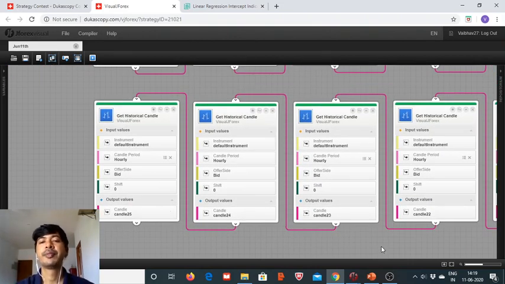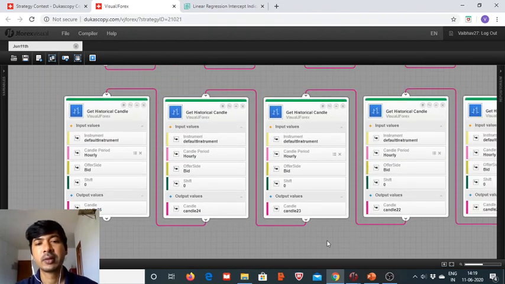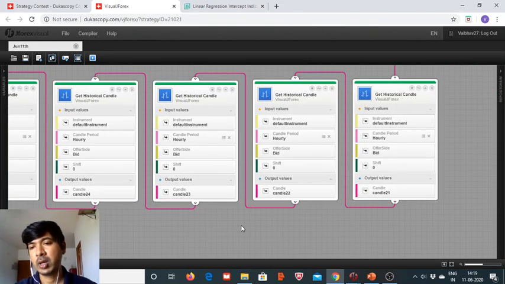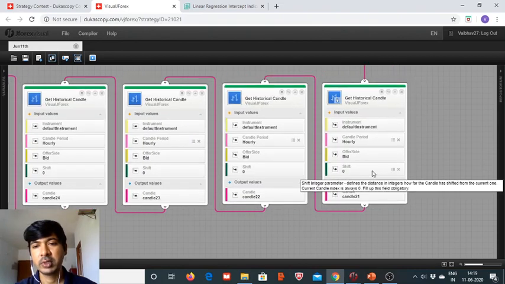And here we have to now shift our attention to the shift itself.